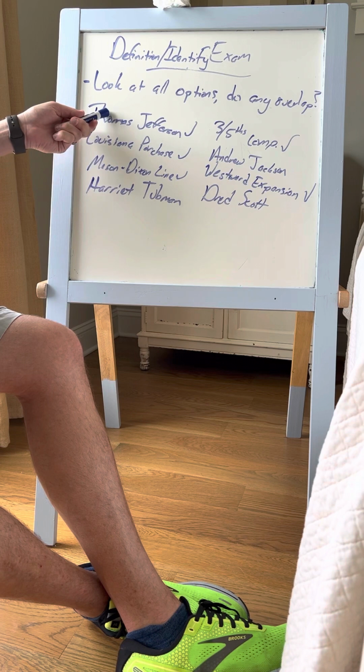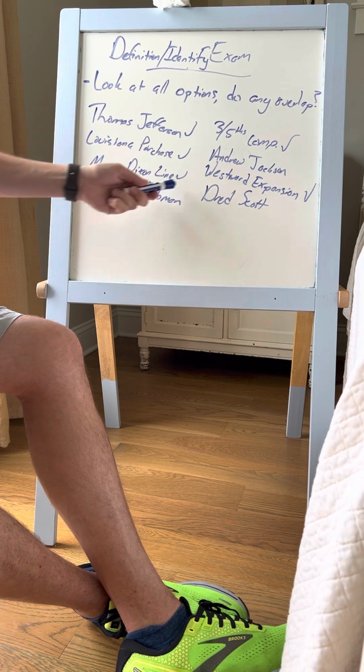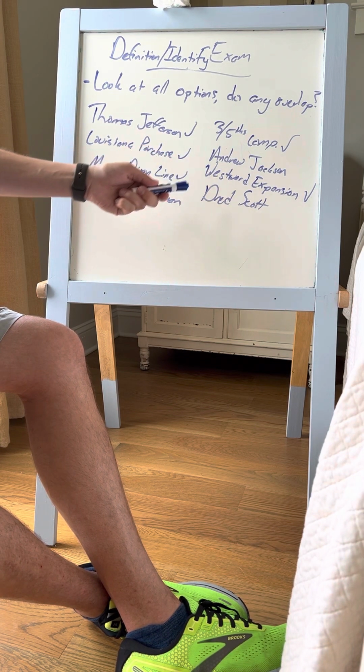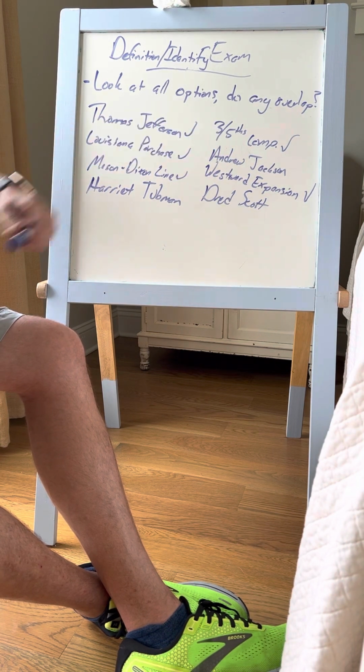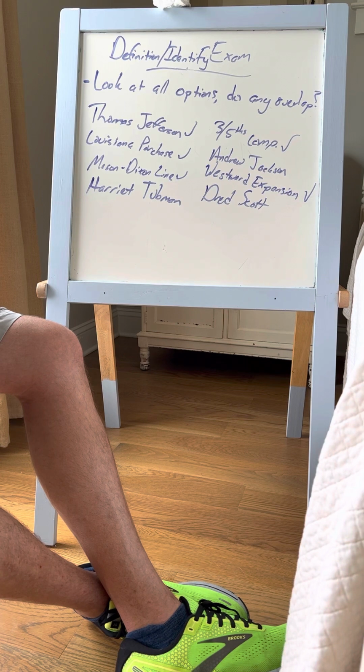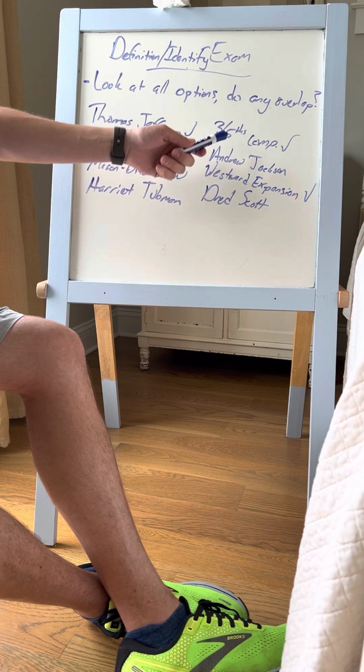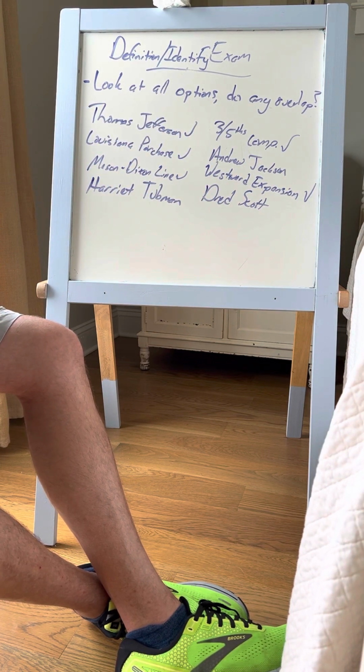Louisiana Purchase, which was done by Thomas Jefferson, kicked off westward expansion, which led to the Mason-Dixon line, and Jefferson also was partially responsible for the 3/5 compromise. For the Mason-Dixon line, it largely happened because of westward expansion and the 3/5 compromise.